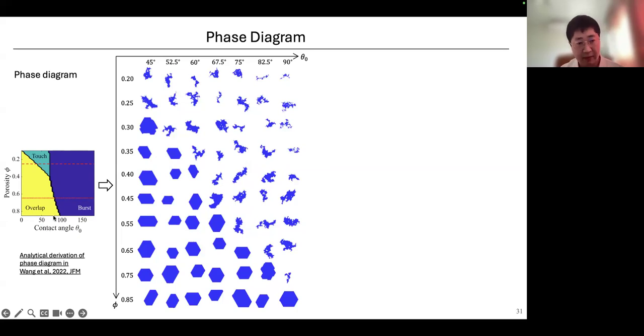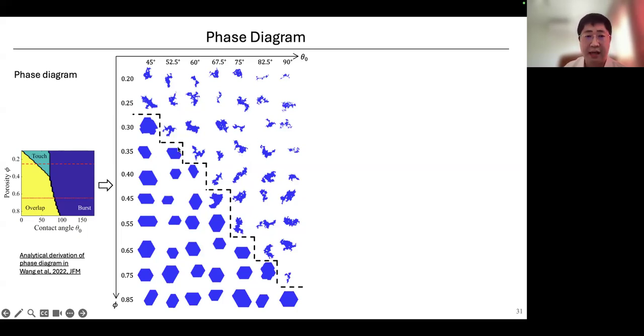Again, the details are in the paper. If we map this line in the porosity-contact angle plane to the simulation result, we see that overall it gives a good prediction of where the transition happens between the hexagonal growth and the irregular shapes.